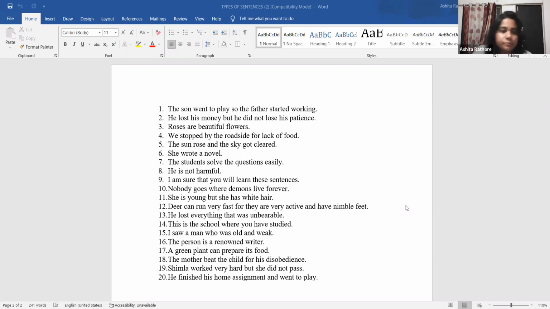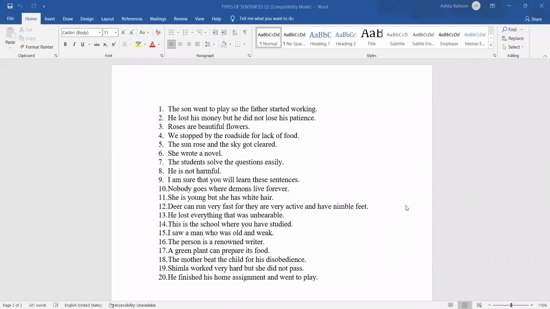Angel, 12th. Deer can run very fast, for they are very active and have nimble feet. Ma'am, it's a compound sentence because one is an independent sentence and another one is dependent.